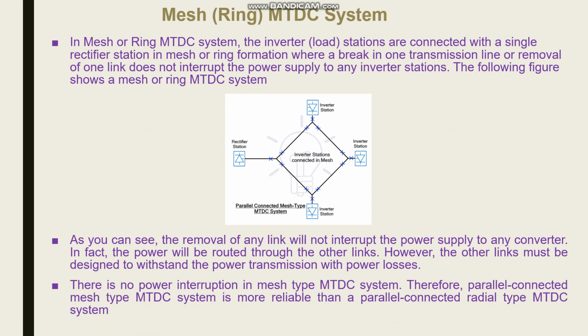This figure shows the parallel connected mesh type multiple terminal DC system. It has a rectifier station connected to inverter stations in a mesh. There are three inverter stations connected with a rectifier station in a mesh type connection. As you see, the removal of any link will not interrupt the power supply to any converter.